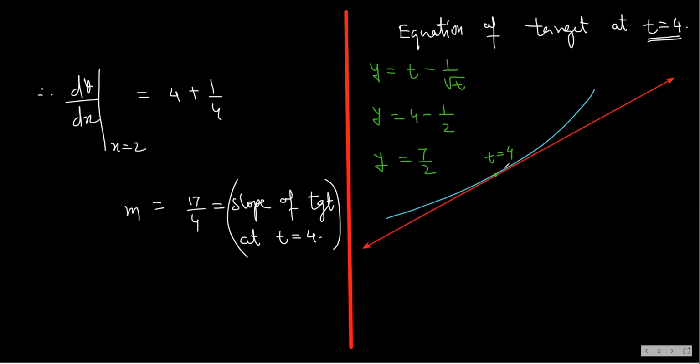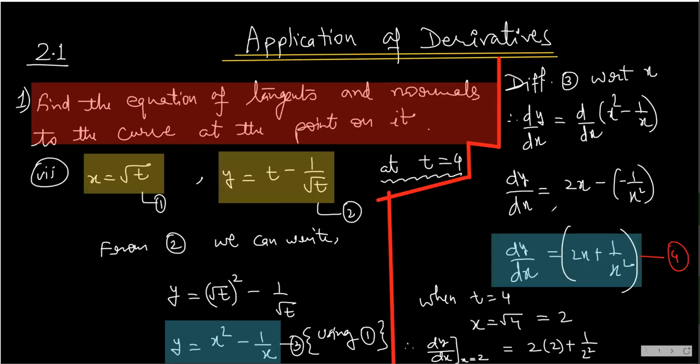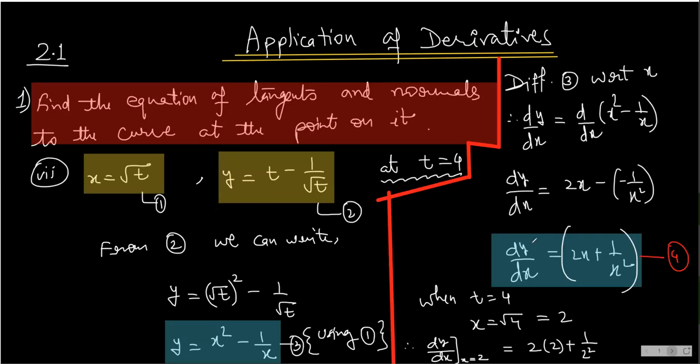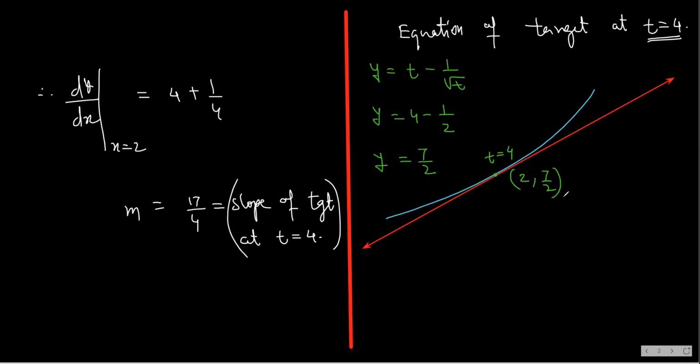So understand, students, that when t is 4, the coordinates are 2 comma 7 by 2, x comma y. You want the coordinates of the point in x comma y form. So x is 2 and y is 7 by 2. So I would say that I want the equation of tangent at 2 comma 7 by 2.